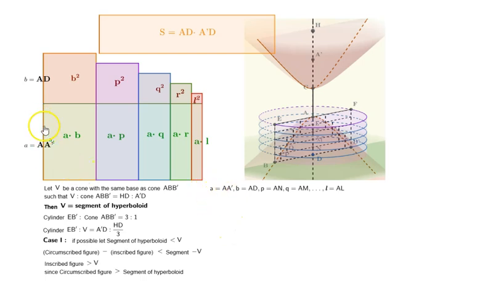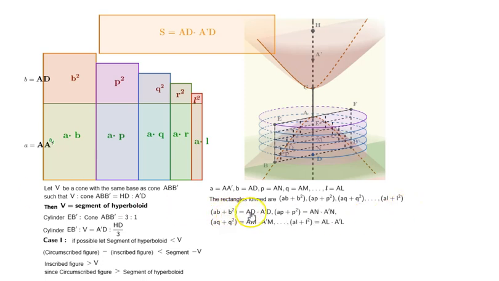So here A is equal to A prime, B is equal to AD, P is equal to AN, Q is equal to AM, and finally L is equal to AL. The rectangles formed are AB plus B square, AP plus P square, AQ plus Q square, and so on till AL plus L square. Now AB plus B square is equal to AD times A prime D. AP plus P square is equal to AN times A prime N. AQ plus Q square is equal to AM times A prime M. So that finally we have AL plus L square equal to AL times A prime L.